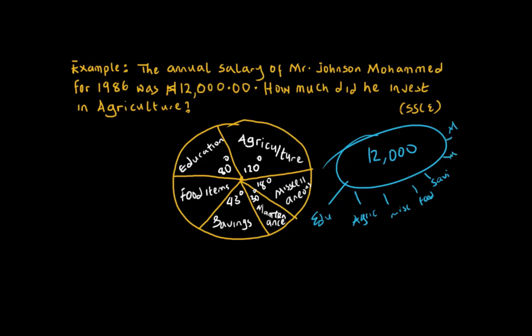Now we are asked, how much did he allocate for agriculture? Does that make sense? So looking at the degrees for each of these expenses, how much was allocated to agric? Can we solve that?